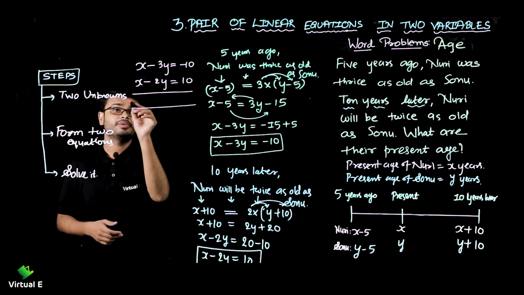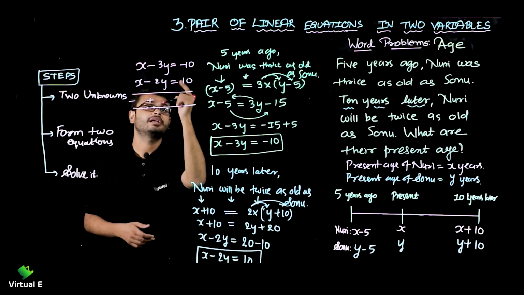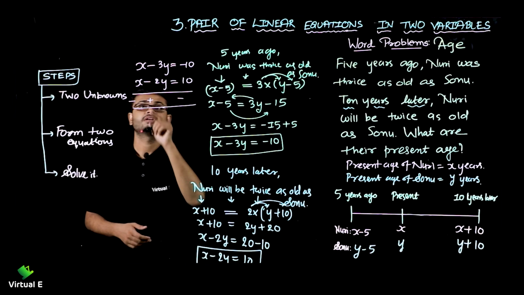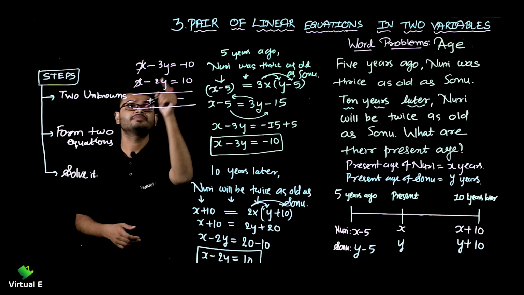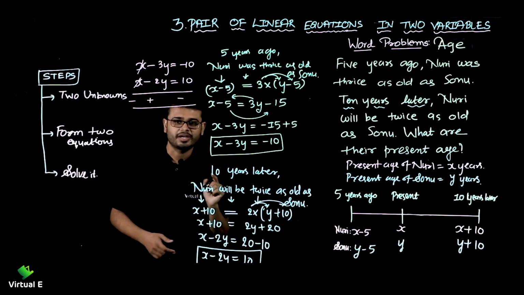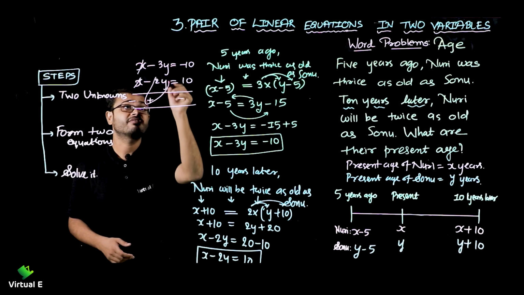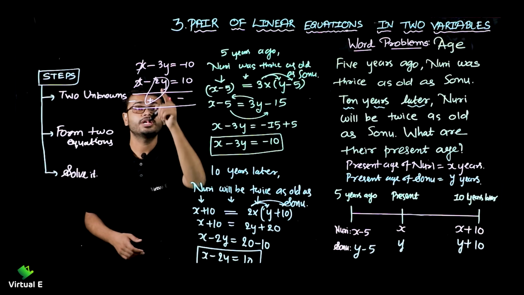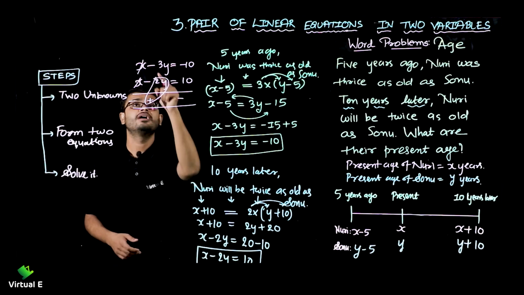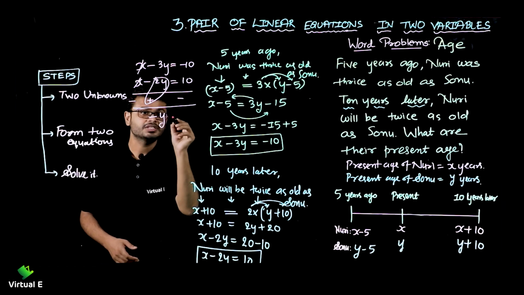So that will be minus x, minus will become plus, and plus will become minus. So x will get cancelled, minus 3y, and is it plus 2y or minus 2y? I told you it is plus 2y. Forget the old sign. You need to consider the new sign. Minus 3y and plus 2y will give you minus y.